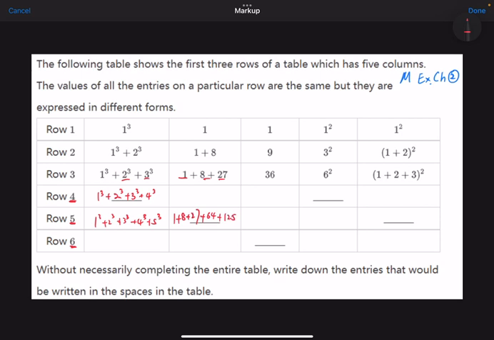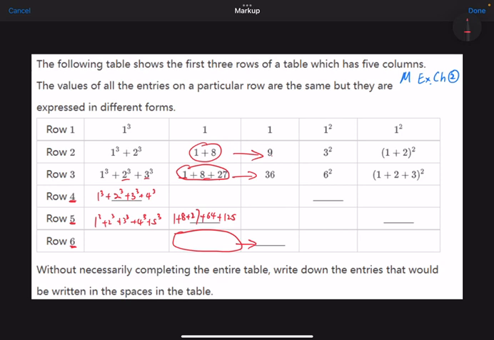And then let's keep going. So for the third column, we have 1, 9, 36. So you see, we're just adding them. The 1 plus 8, find the sum. 1 plus 8 plus 27, find the sum. So for the last one, for row 6, we find whatever is over here and we find the sum.